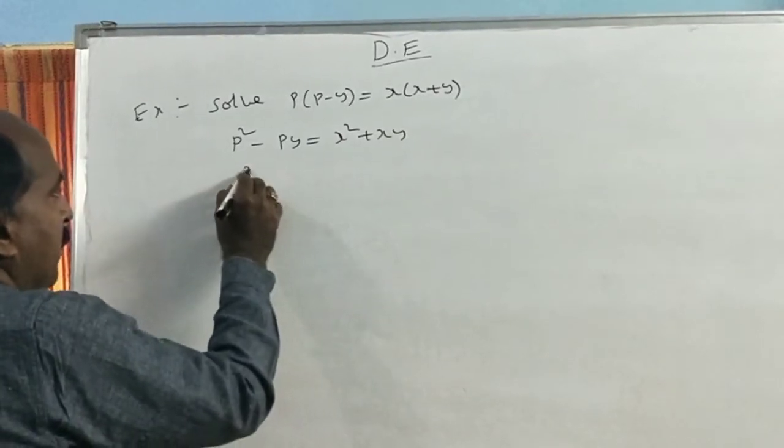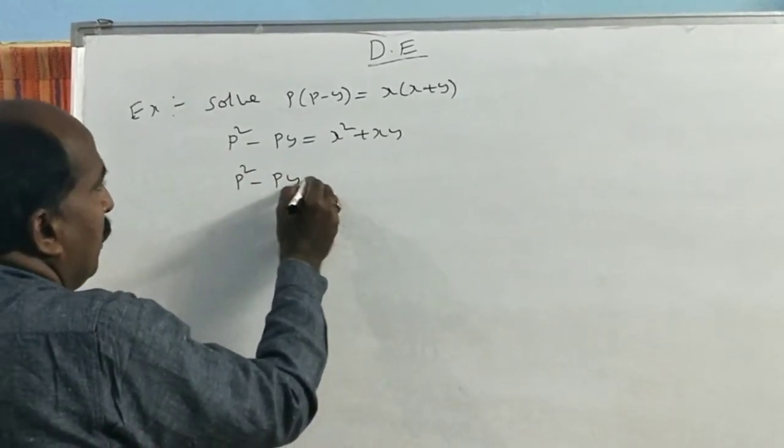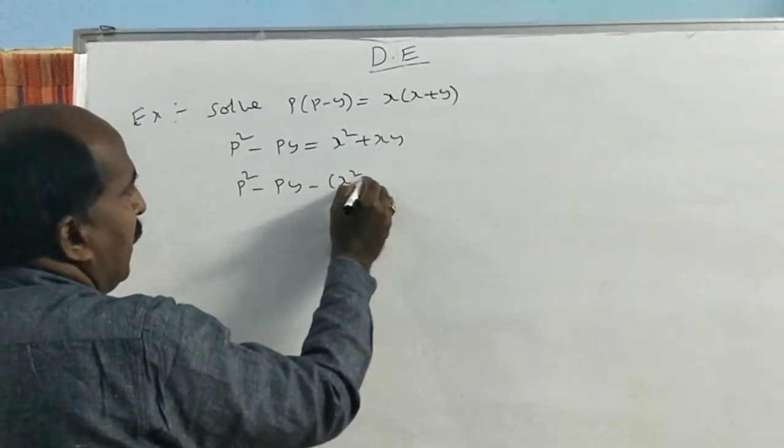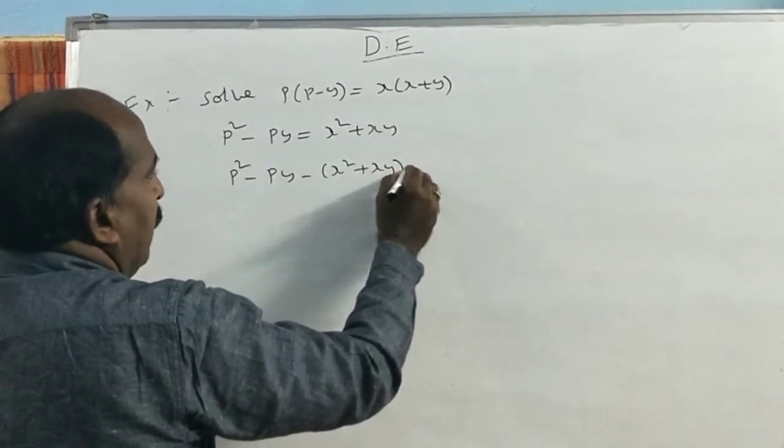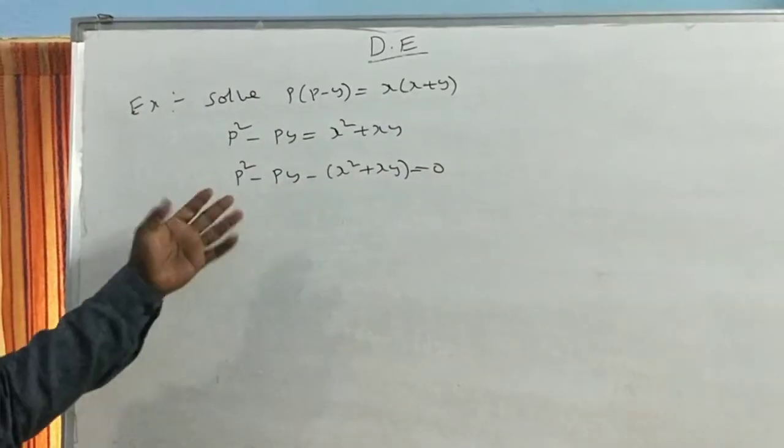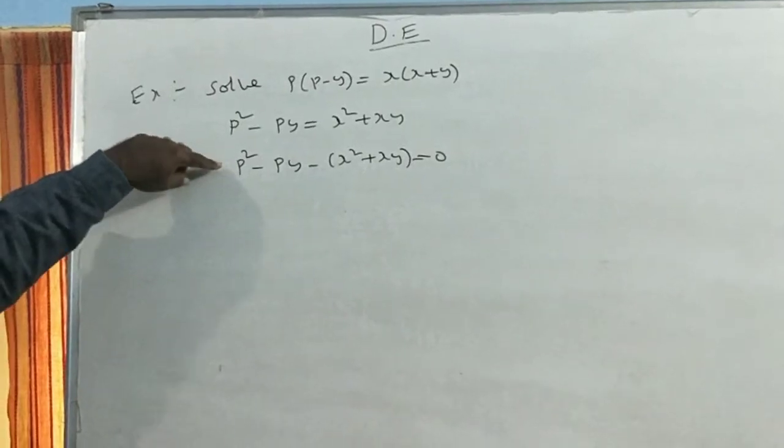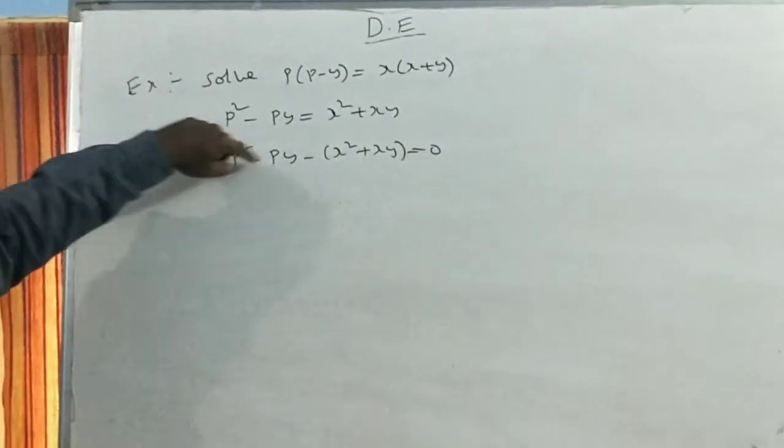That is p square minus py minus (x square plus xy) equal to 0. This is a first order second degree differential equation.